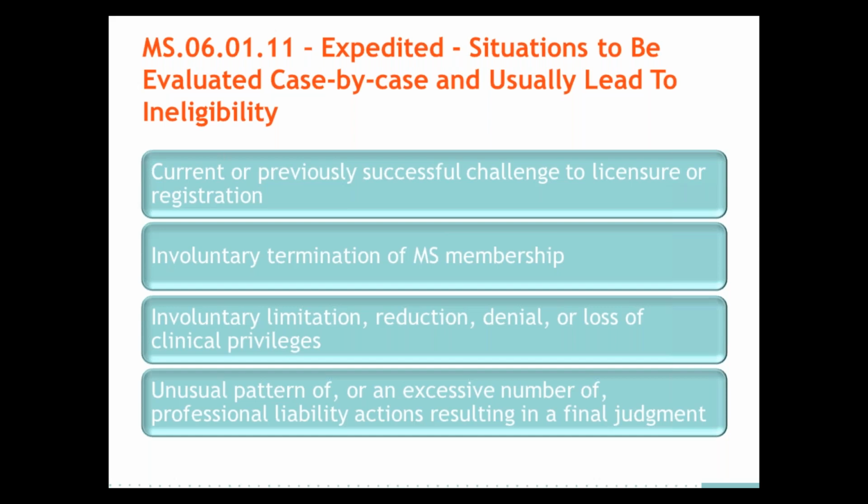So if there's a current or previously successful challenge to licensure or registration, an involuntary termination of medical staff membership, or involuntary limitation, reduction, denial, or loss of clinical privileges, or an unusual pattern or excessive number of professional liability actions that resulted in a final judgment, these were situations that would usually lead to ineligibility for the expedited process.